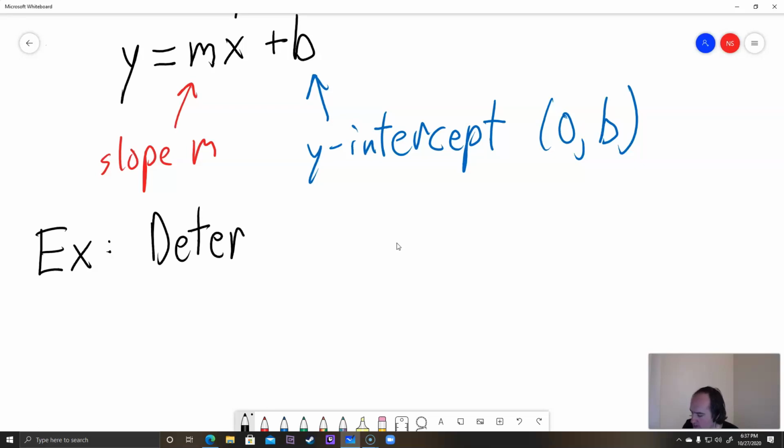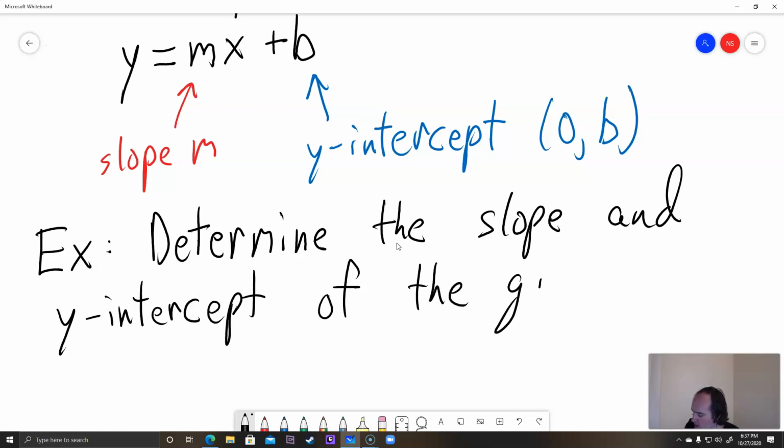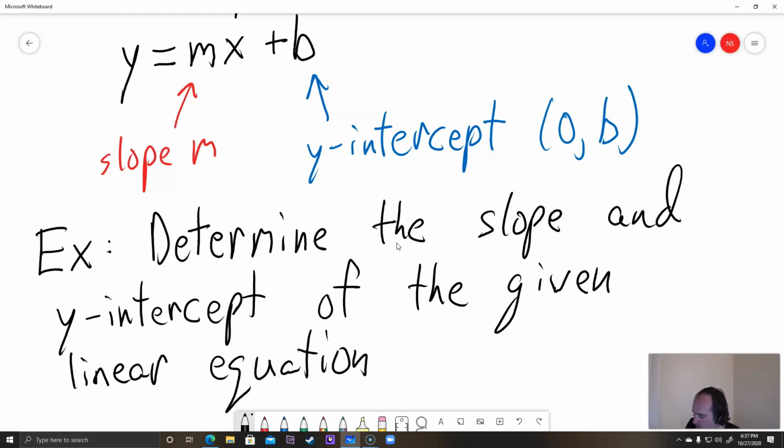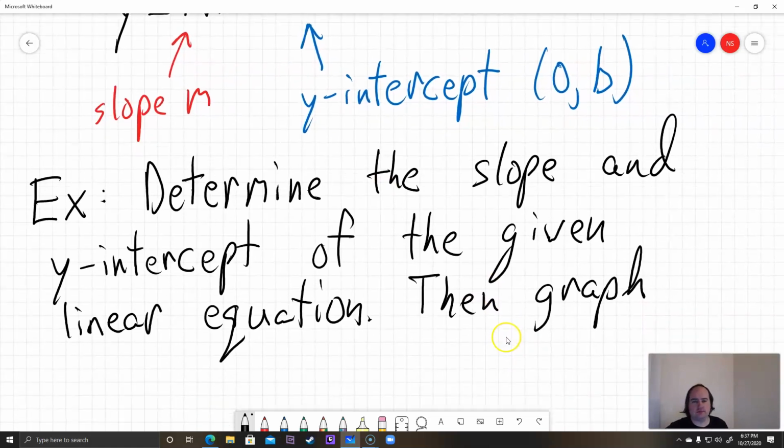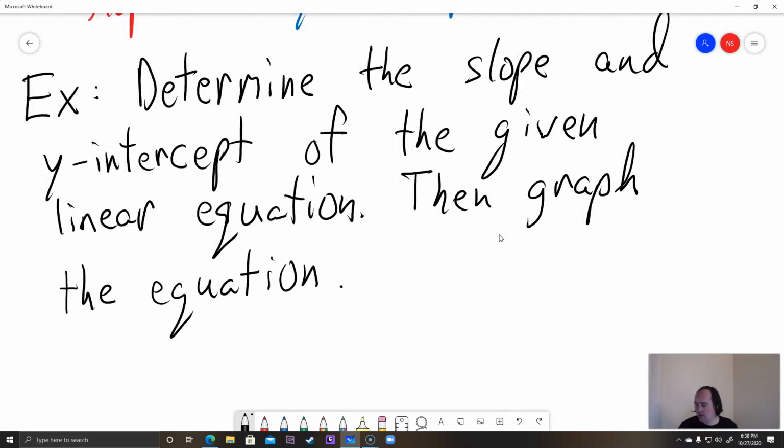Determine the slope and y-intercept of the given linear equation, then graph the equation. Okay?